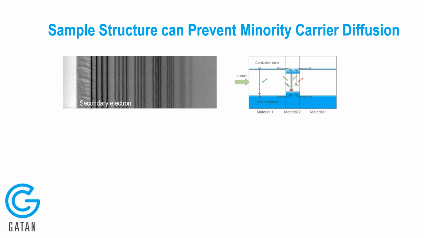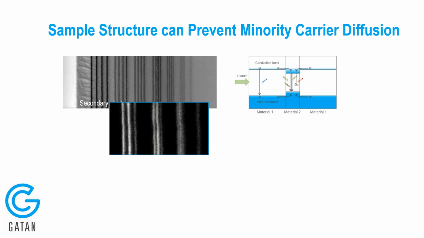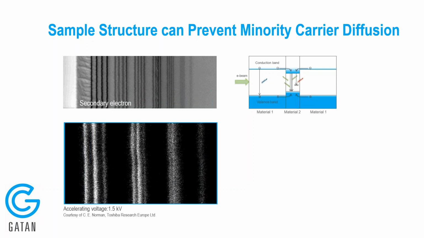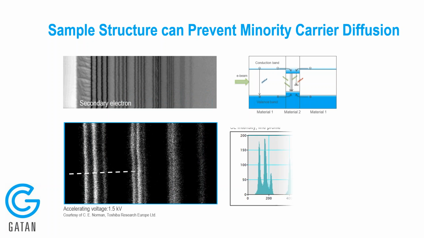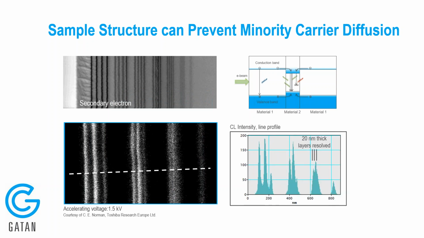move about freely. It means that when we look at this cathodoluminescence map acquired from this material, which generally has a diffusion length of several hundreds of nanometers, and do a line profile of that intensity, we can actually resolve layers which are just a few tens of nanometers thick, so 20 nanometers thick, and resolve between them.